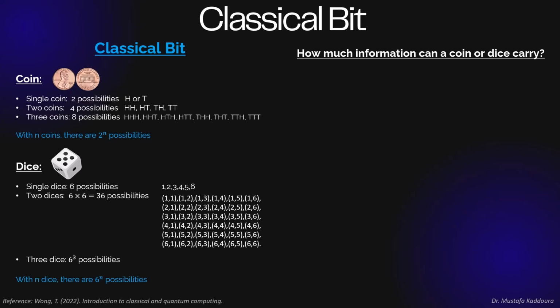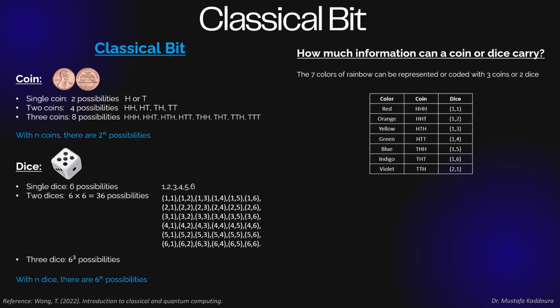Now let's try to understand how much information a coin and a dice can carry. Consider that I have the 7 colors of the rainbow and I want to communicate them or encode them using 3 coins or 2 dice. For example, to represent the color yellow, I will assume that I am tossing 3 coins and I'm getting heads, tails, heads in this order.